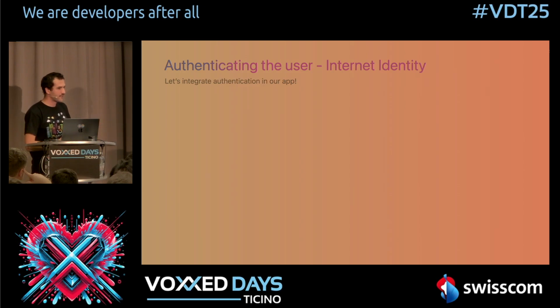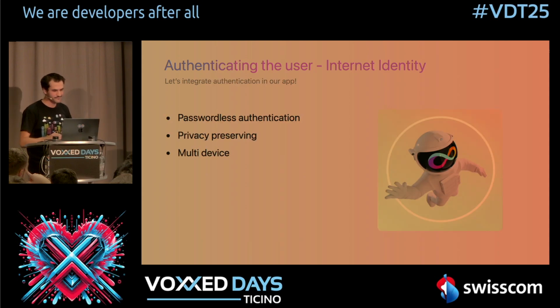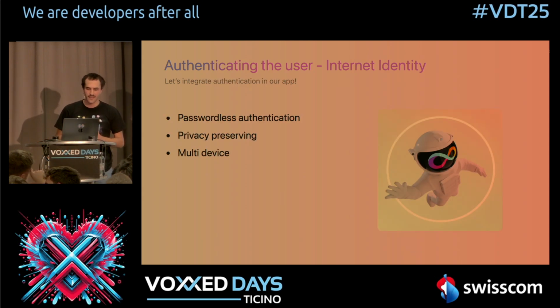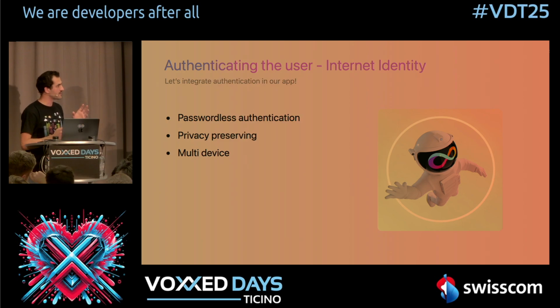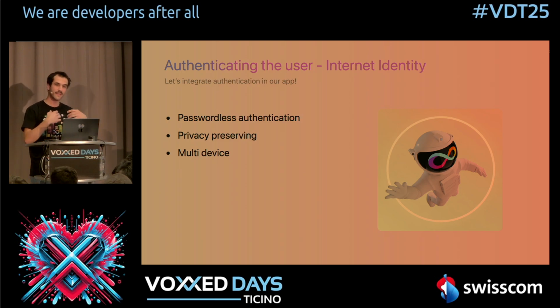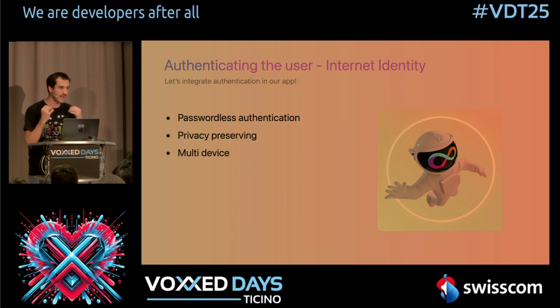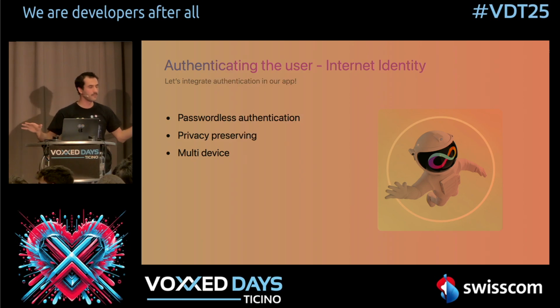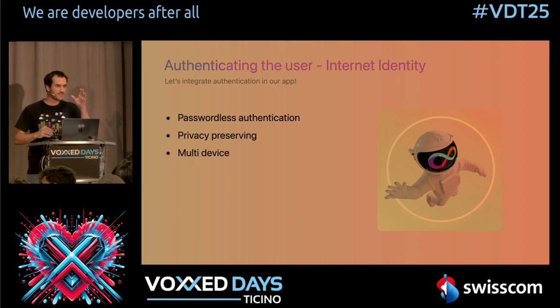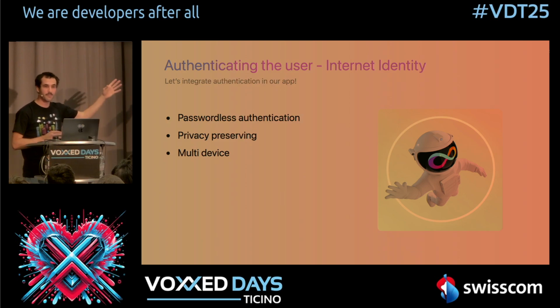Let's start with the first key element, the astronaut. We're going to use the Internet Identity. The Internet Identity is a system that enables us to give our users the possibility to authenticate themselves on our application without using passwords. This morning there was a really interesting talk about passkeys, and that's all about that.